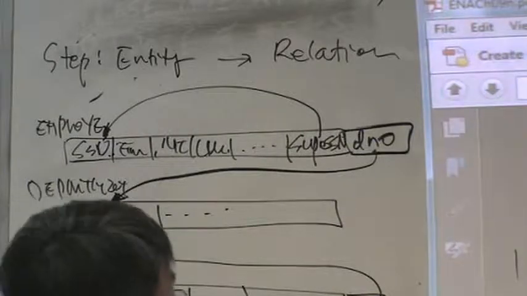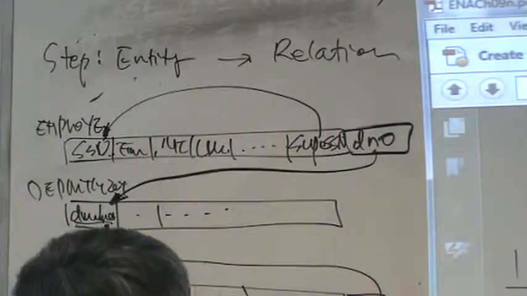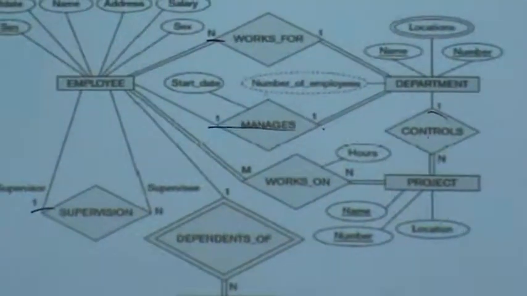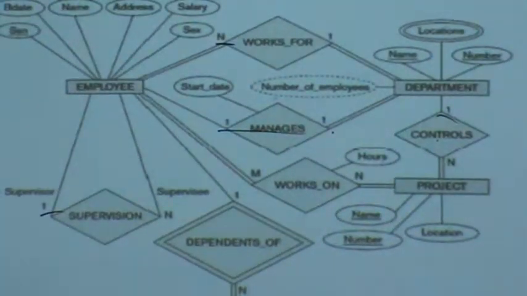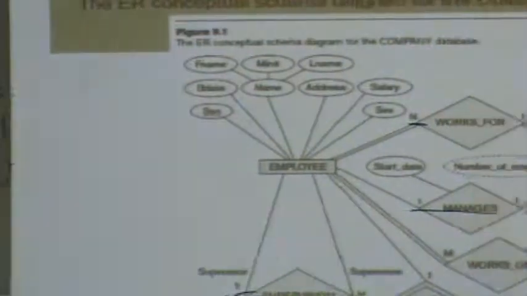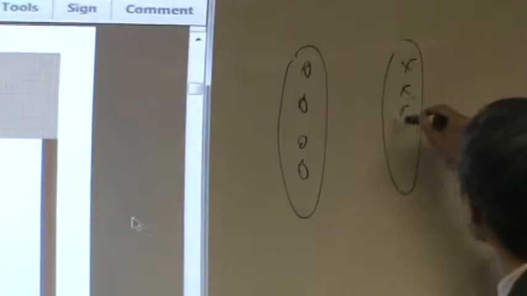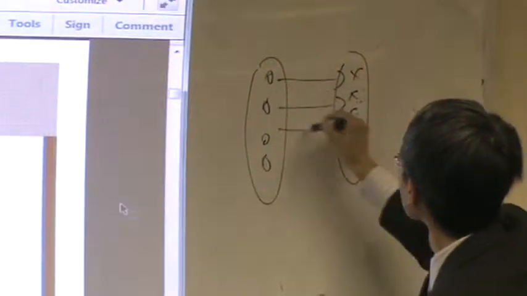Okay, then one-to-one. We have one-to-one relationship. In case of one-to-one, this is a one-to-one mapping, right?